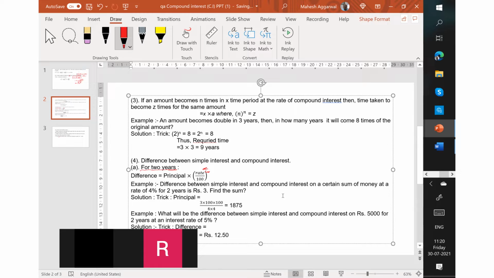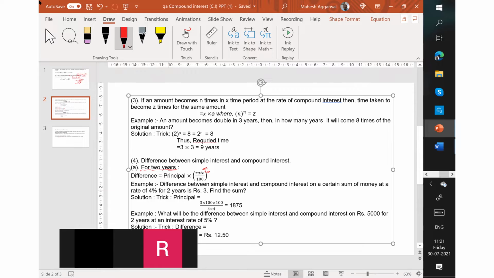So if you have to find the difference, then also the same formula will be used. And if you have to find the sum, meaning principal, the formula here will become principal is equal to difference divided by (rate by 100) square. So see, this is how it is done here. Principal is equal to difference.